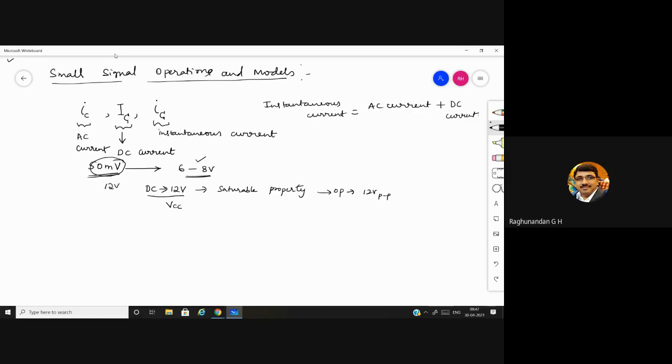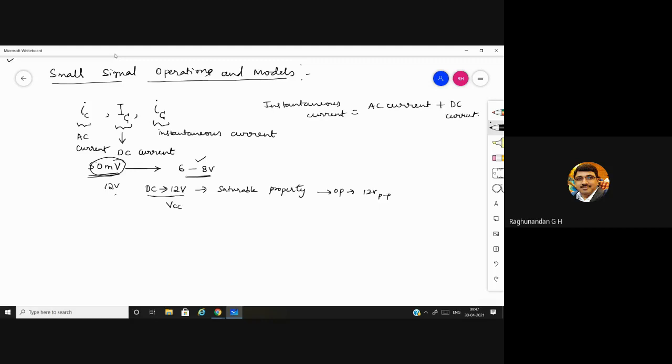It cannot go beyond 12 volt. If it tries to cross this 12 volt, then it starts clipping. So that's why if you give input as 12 volt, it will not give you output greater than that. You might get 12 volts only because your VCC is 12 volt.